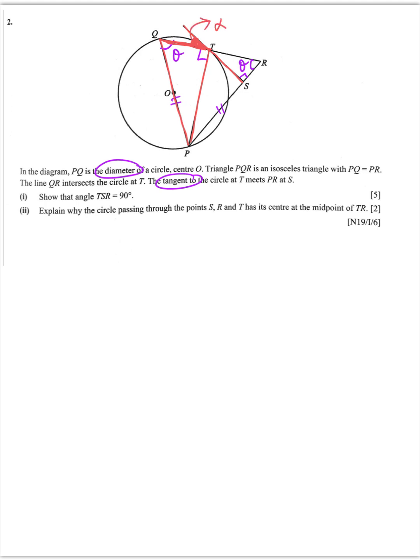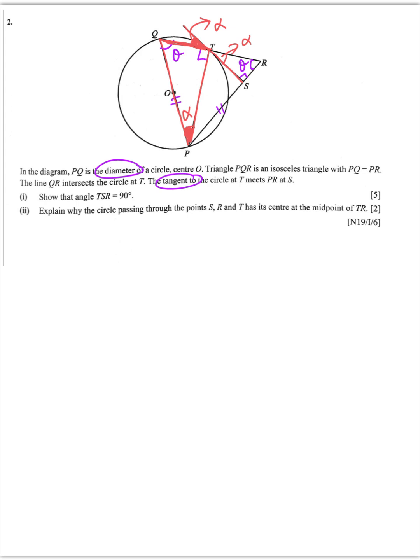This angle will be equal to this angle. And then your alpha plus theta will be equal to 90 degrees straight away, right? You'll be able to prove it. Okay, so that is how you're going to go about your proof.